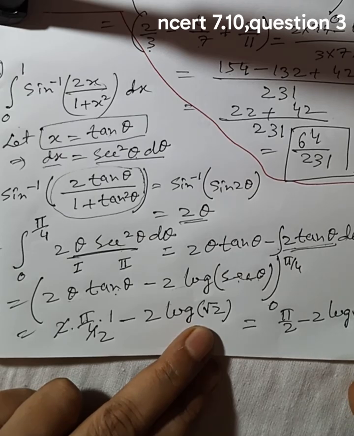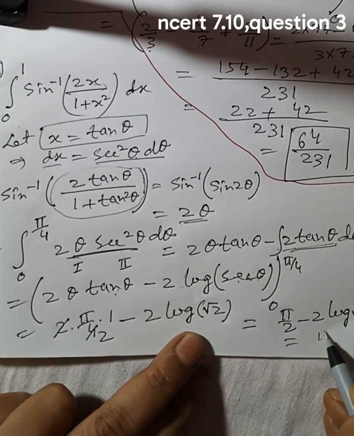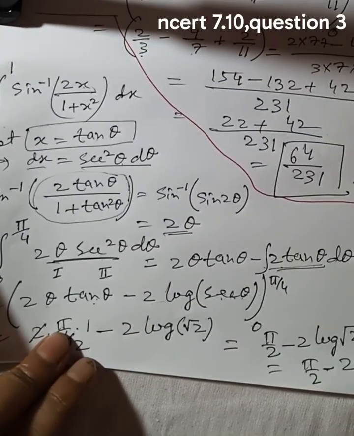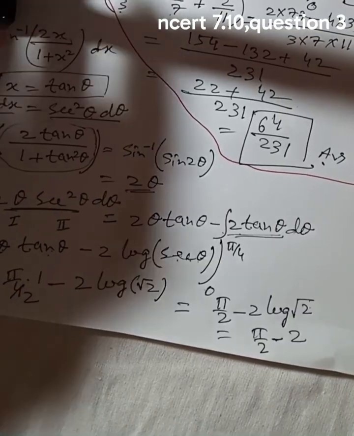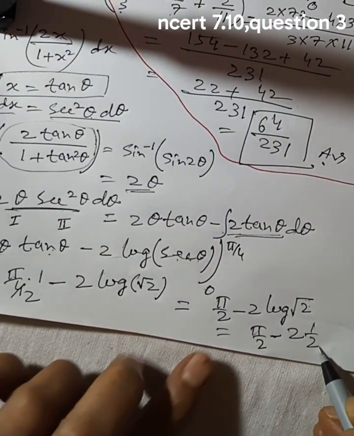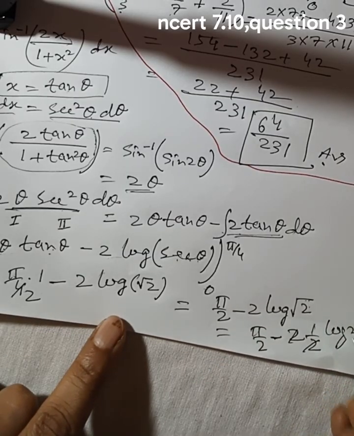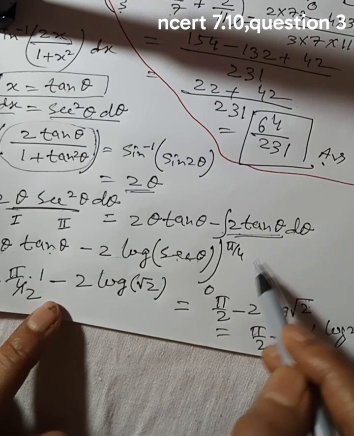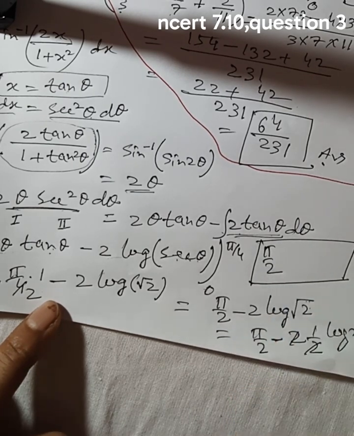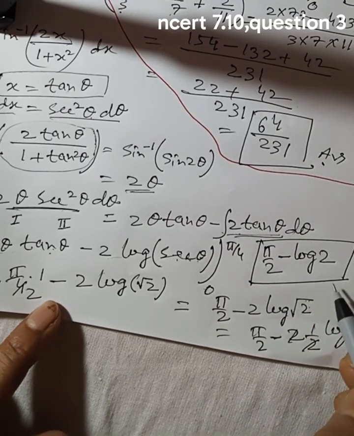Root 2 we can write as 2 to the power half, so pi by 2 minus 2 into log 2 to the power half. We multiply the half and log 2, so our final answer will be pi by 2 minus log 2. This is our final answer.